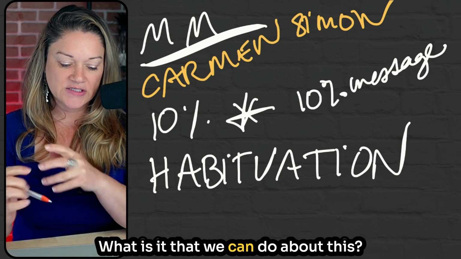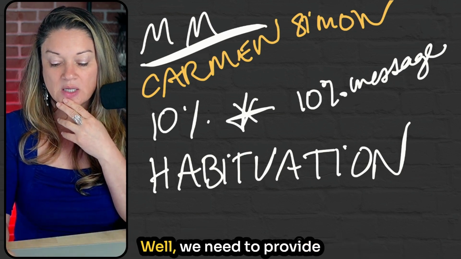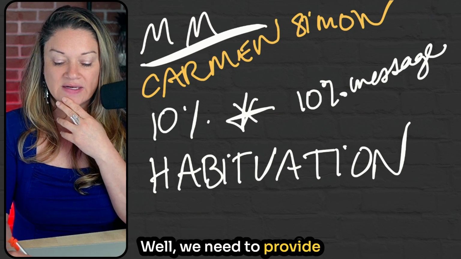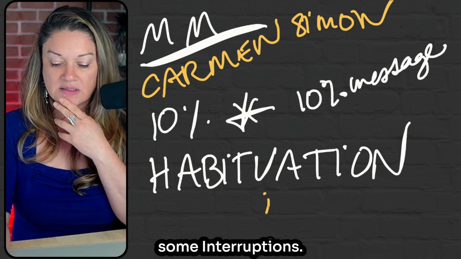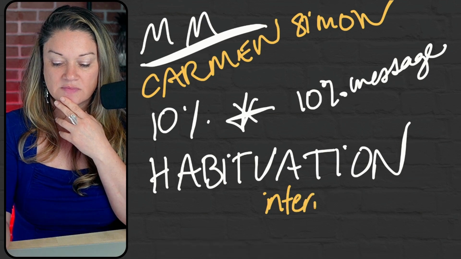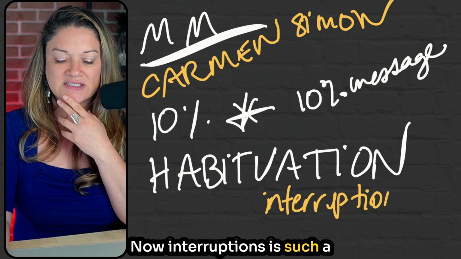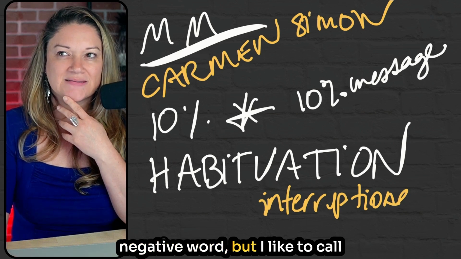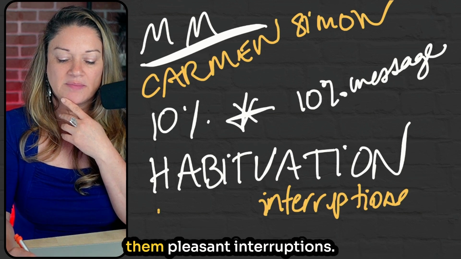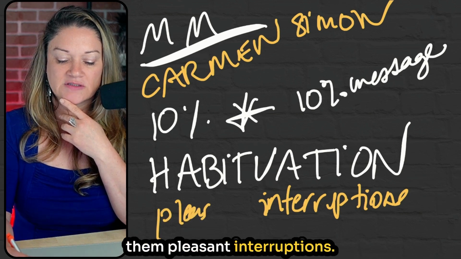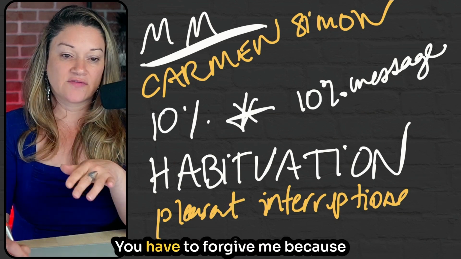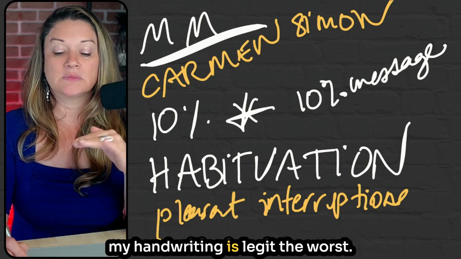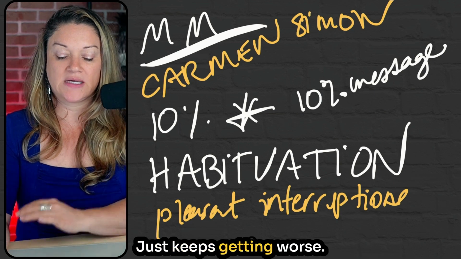So when it comes to these concepts, right now we know that habituation is a real thing. What is it that we can do about this? Well, we need to provide some interruptions. Now, interruptions is such a negative word, but I like to call them pleasant interruptions, right? You have to forgive me because my handwriting is legit the worst. Just keeps getting worse.